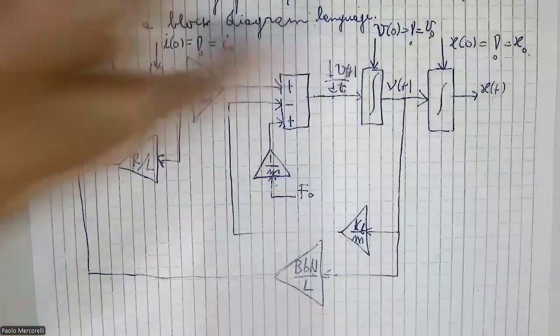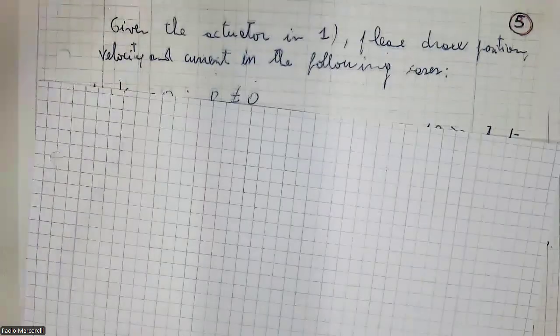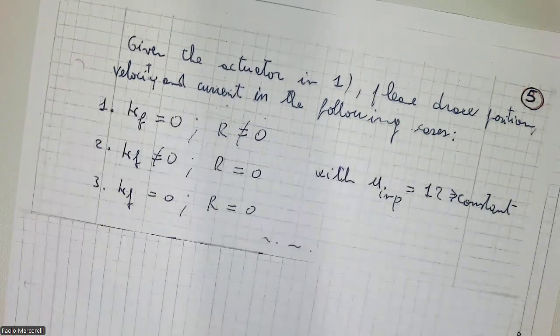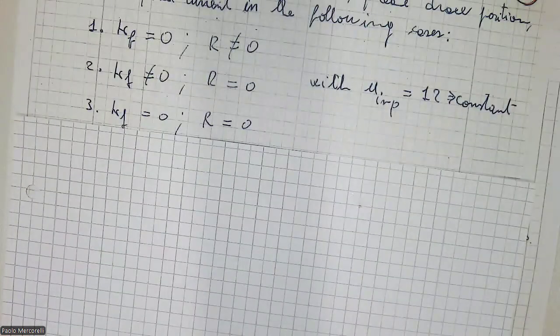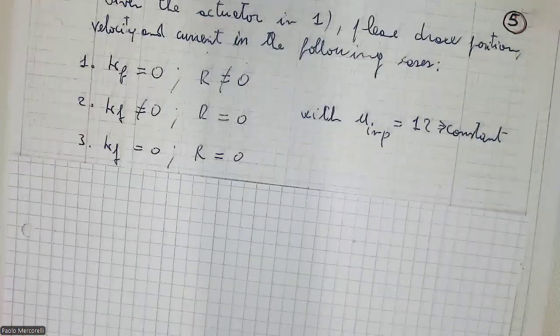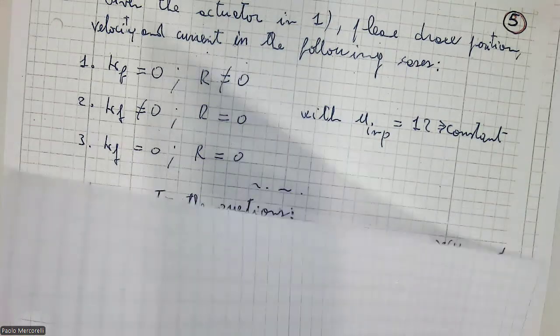This is the actuator. Please draw position, velocity, and current in the following cases. To remember these cases: Kf equals 0, or very small, r not 0. Kf not 0, but r very small or 0. Kf equals 0, r equals 0.